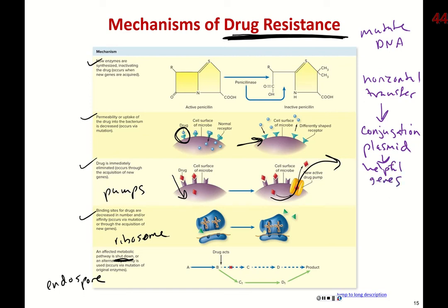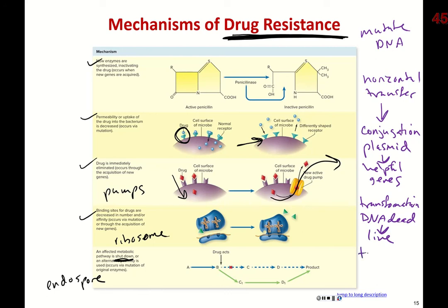So conjugation. You also saw transformation, which was that maybe there was a bacteria that was resistant to the drug, but it has died and been destroyed, but then the DNA from that dead bacteria can be taken up into a live bacteria, and now that live bacteria has this gene that is resistant to something.